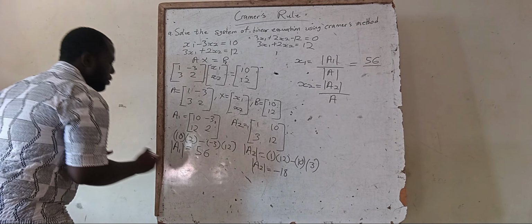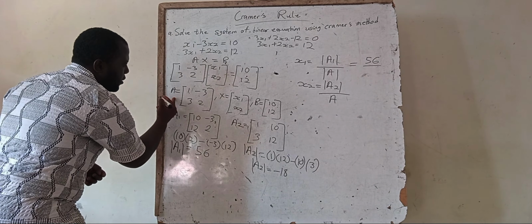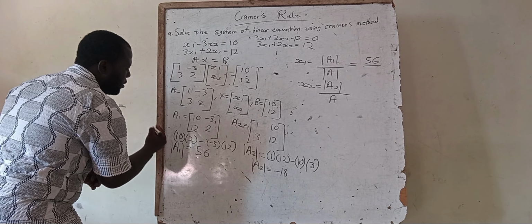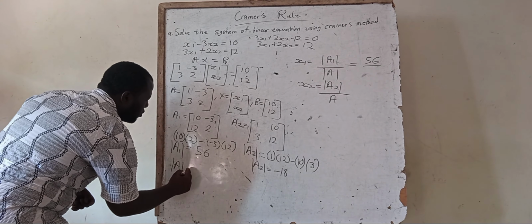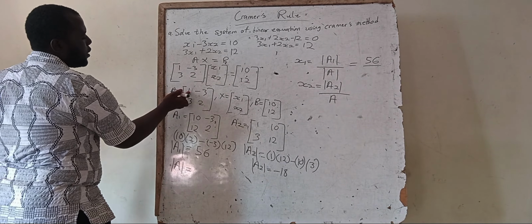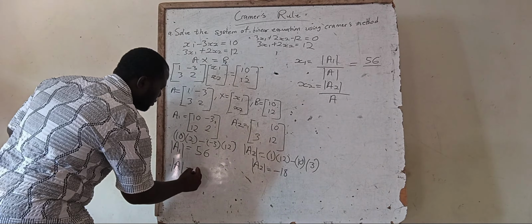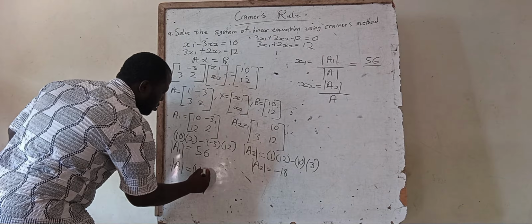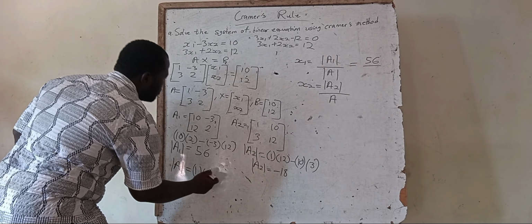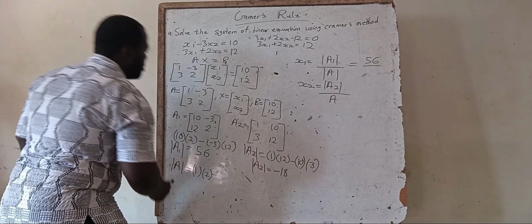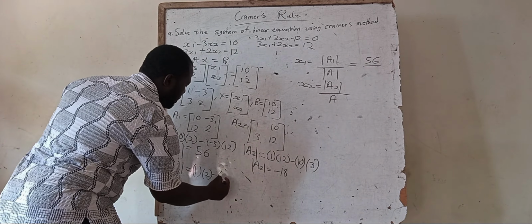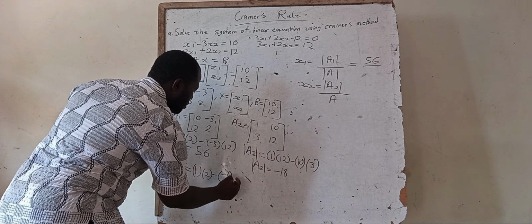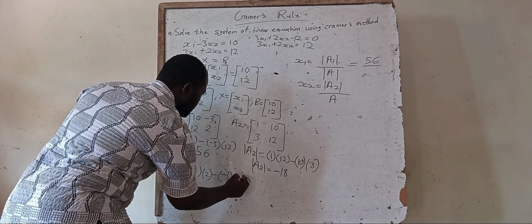So let's take A. The determinant of A will be equal to the product of the leading diagonal, which is 1 multiplying 2, minus the product of the opposite diagonal, which is -3 multiplying 3.